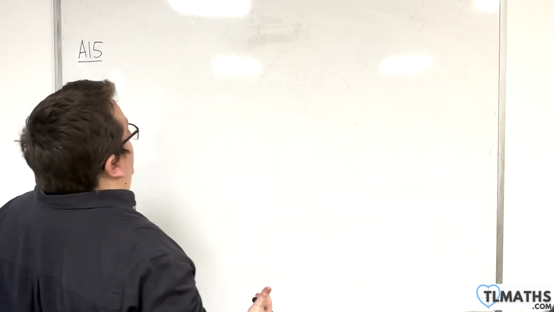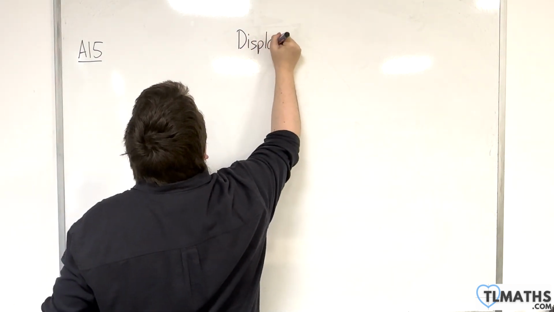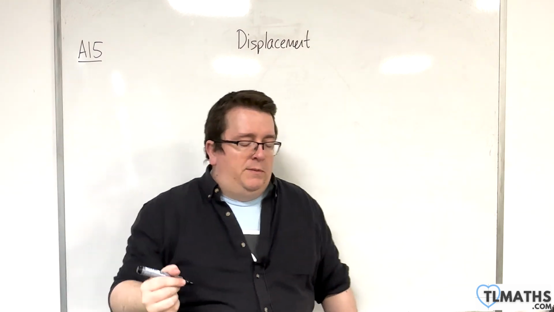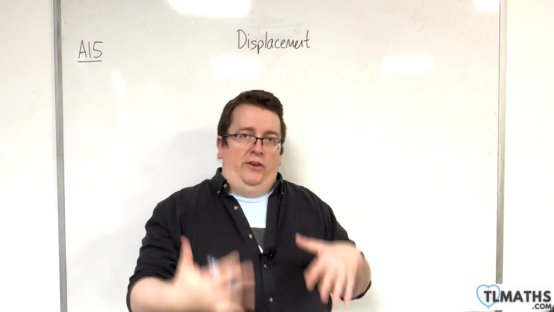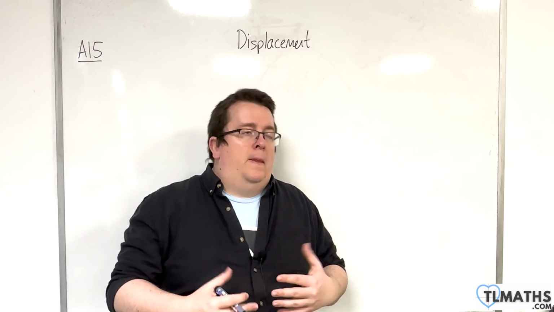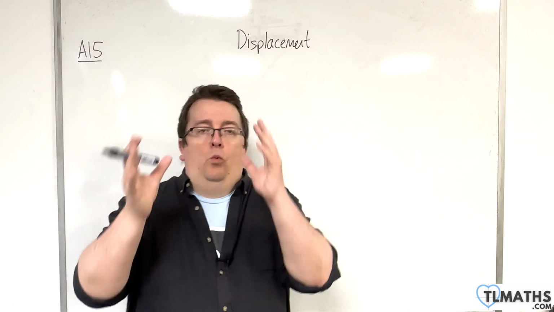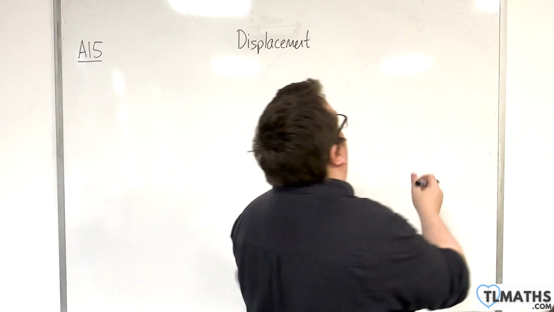So at the top of the tree is displacement. Now, essentially what you need to be thinking about is that the problems we deal with at GCSE level are one-dimensional problems, where you have a particle or a person walking from one direction to another along a line.